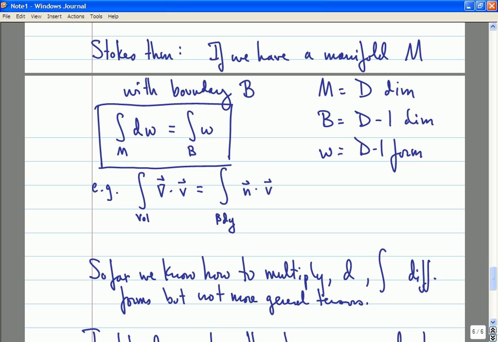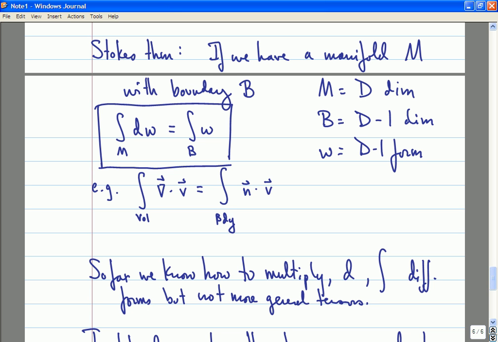In physics, you always want to introduce a notation which makes it impossible to write down incorrect formulas. Unfortunately, it's still sometimes possible to write down incorrect formulas. So we have the integral of a d-form over a d-dimensional manifold, which is the integral over the boundary of a (d minus 1)-form.